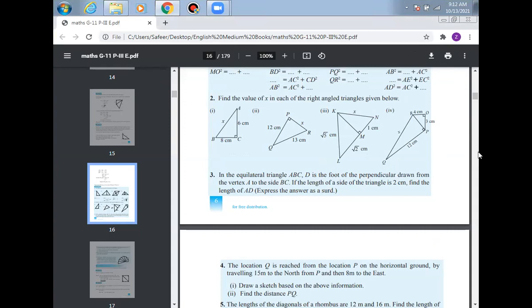Question number 2, find the values of x.